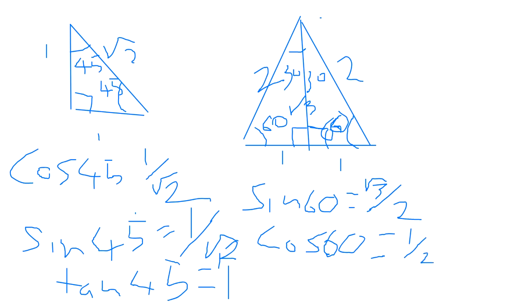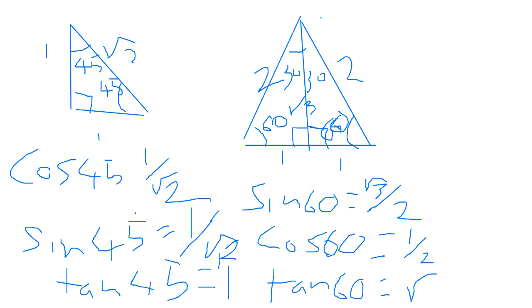Then we can talk about tan 60 equals opposite over adjacent, which will be root 3.